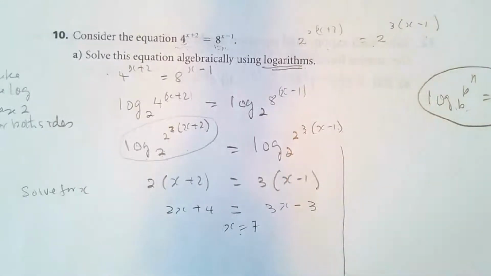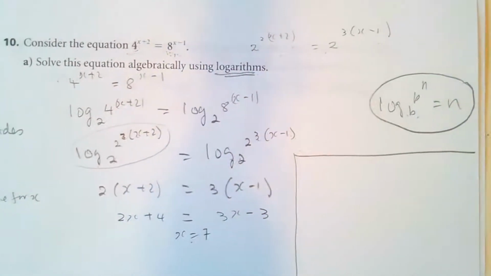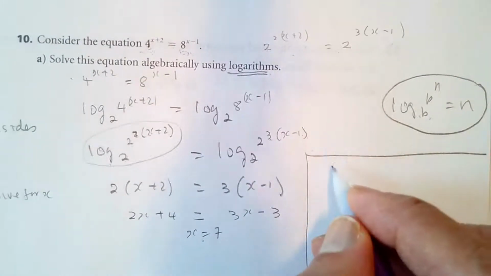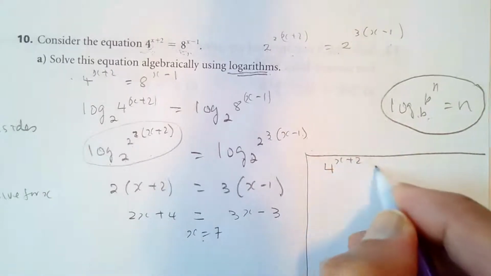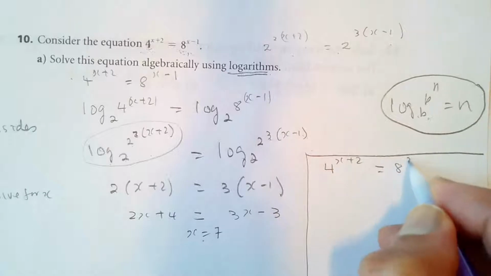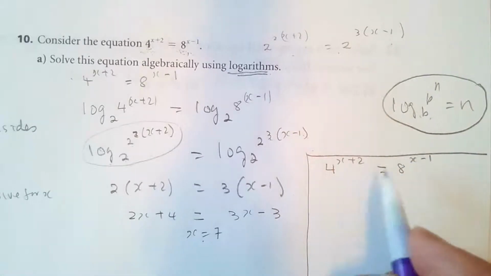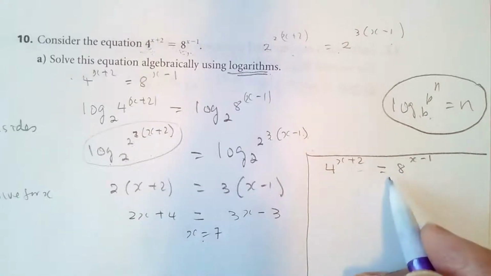Now, to do this algebraically, we'll use this method here. I'll just put a box here. We have 4 to the x plus 2 is equal to 8 to the x minus 1. Now we write both sides with base 2.